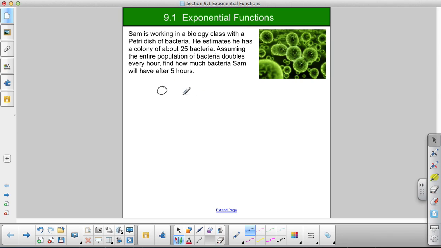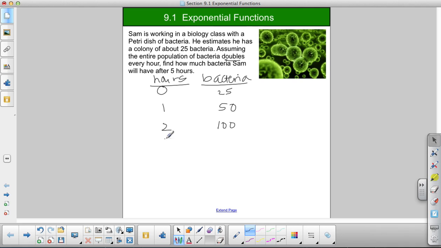saying, well, at 0 hours, so this is my hours, the number of bacteria. Well, at 0 hours, there's 25 bacteria. 1 hour later, since it doubles, there'd be 50. At 2 hours, it would double again, so we'd be at 100.